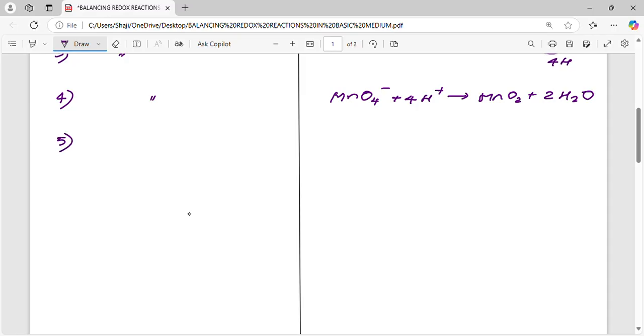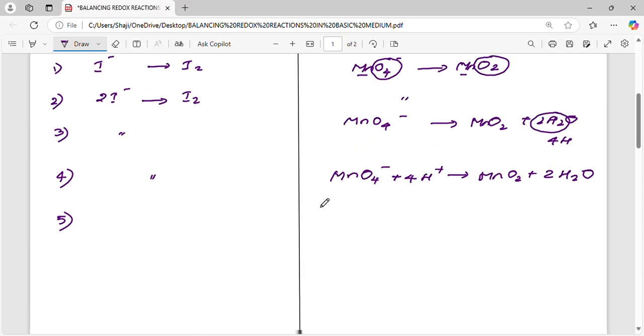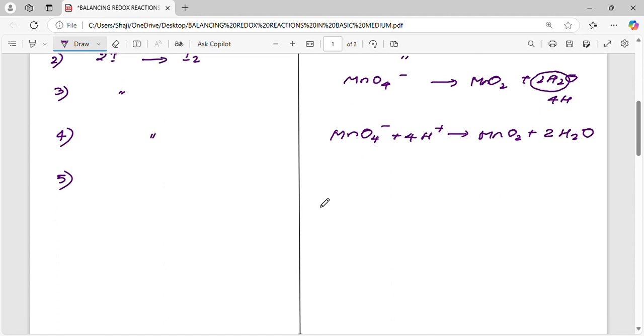Now in step 5, as the reaction is proceeding in basic medium, we need to do something more, which is different from acidic medium. An extra step is there. What is that extra step? When you add H+ ions, here we have provided 4H+ ions.